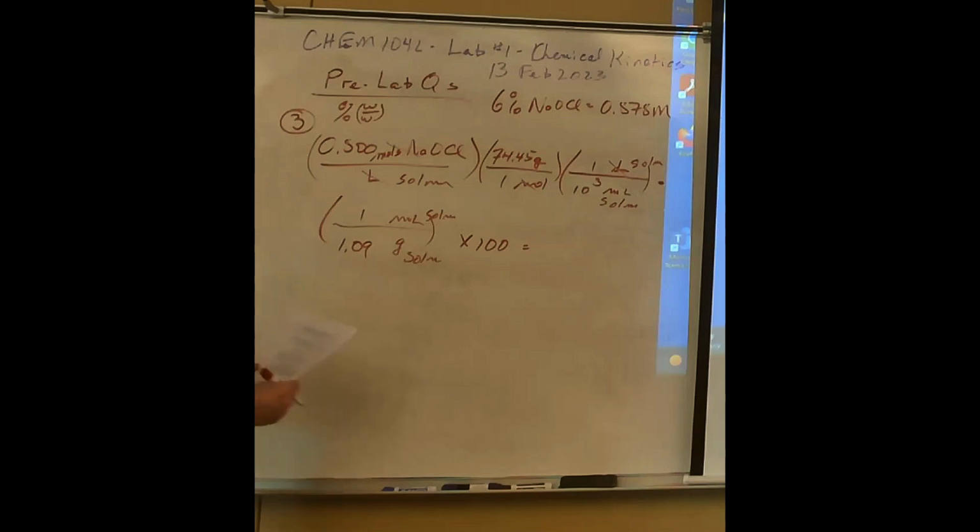Yeah, that's right. Okay, now let me see if I did that right. And just do the calculation. 0.8, 74.45 times 1,000 divided by 1.09 divided by 100.